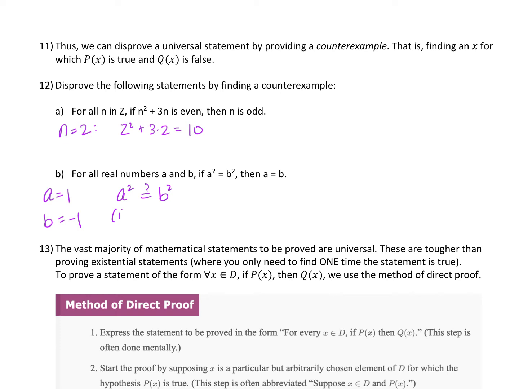So we would have 1 squared. Does that equal (-1) squared? Yes, they both equal 1. But does a equal b? No. a is 1 and b is -1. So we found an a and a b such that a squared does equal b squared, but a does not equal b. There's our counterexample.